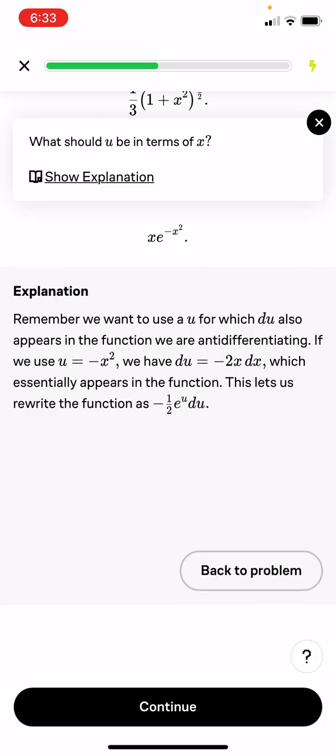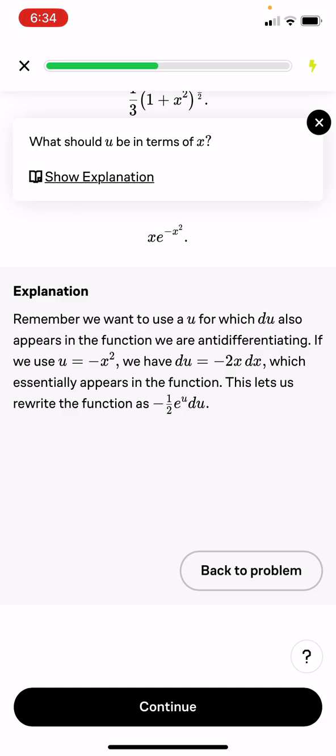Remember, we want to use a u for which du also appears in the function we are antidifferentiating. We use u equals negative x to the second. We have du equals negative 2x dx, which essentially appears in the function.